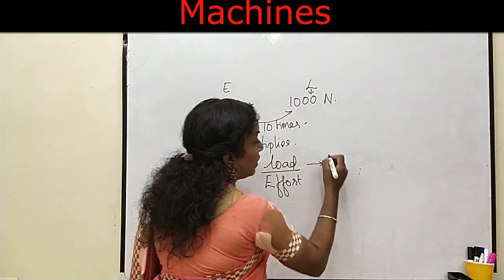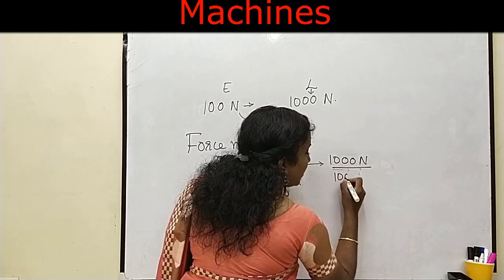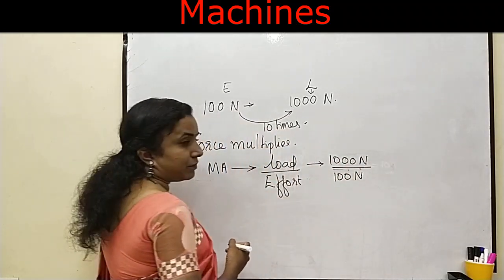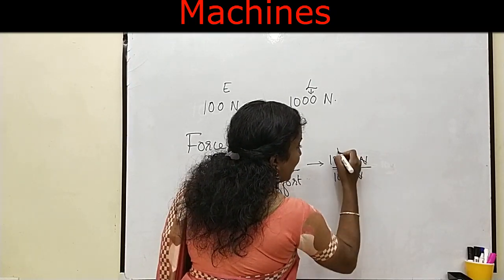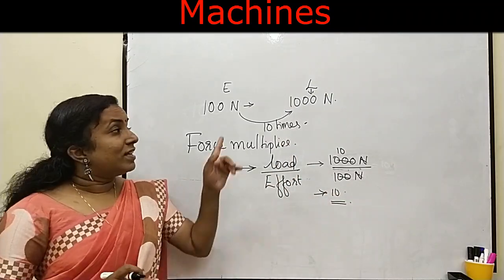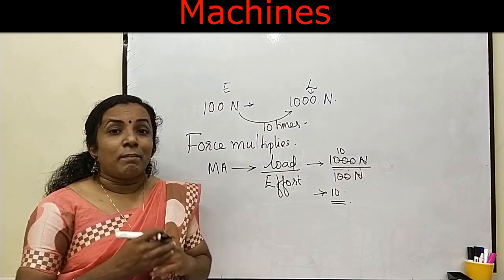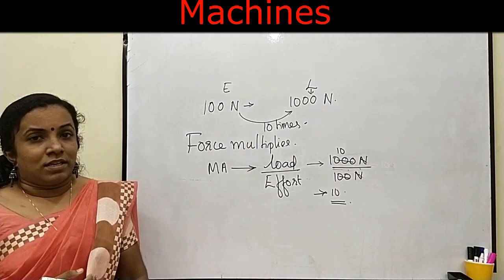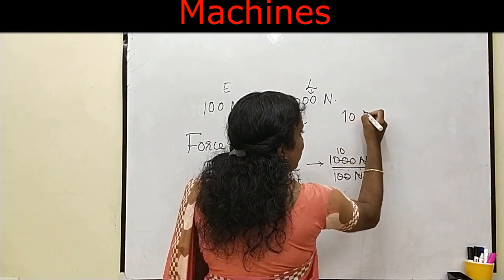Look, load is 1000 Newton and effort is 100 Newton. So, 1000 by 100 will give us 10. So, the ratio of load by effort is called mechanical advantage. Now, this ratio 10 is greater than 1, is it?